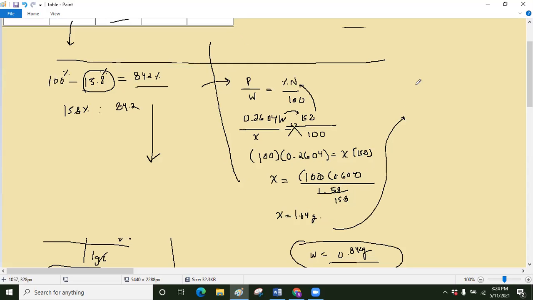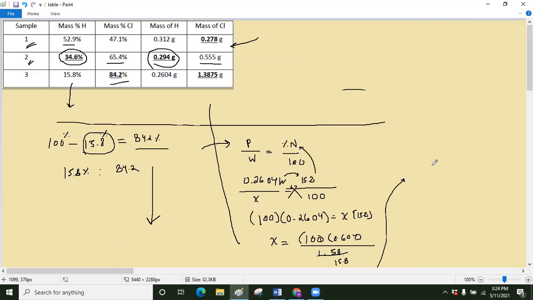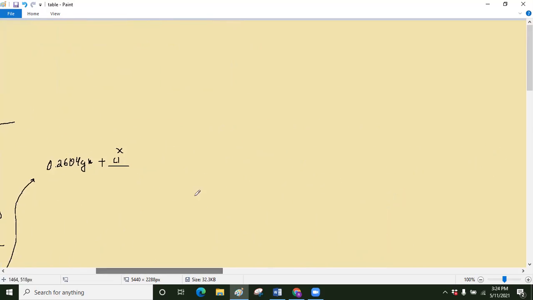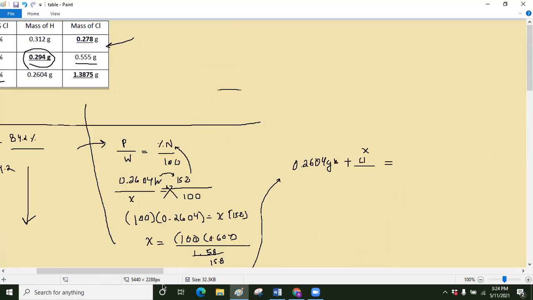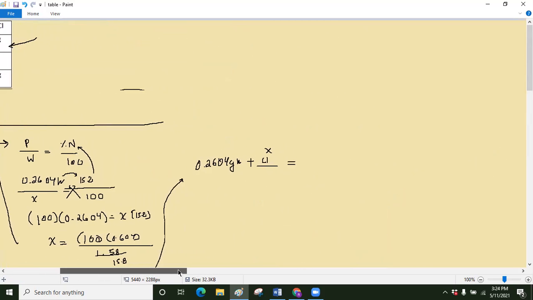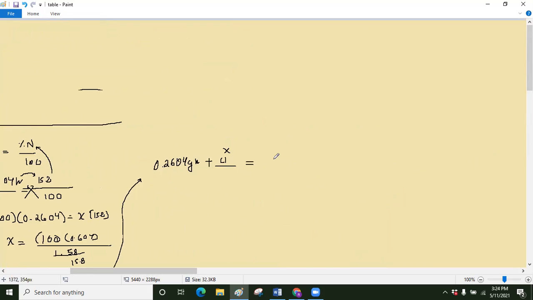And so it makes sense that I had 0.2604 grams of hydrogen, plus an X amount of chlorine, and that essentially equates to the total amount of the sample, which in this case we said was 1.64 grams.